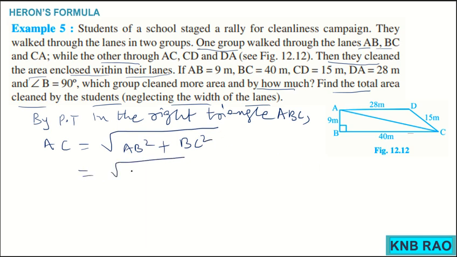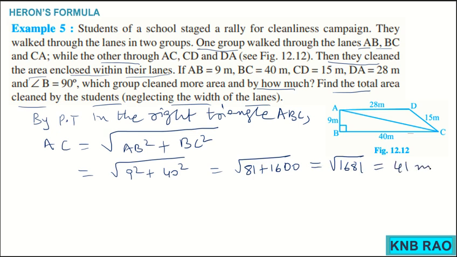Here square root of 9 square plus 40 square, it gives square root of 81 plus 1600, which is nothing but 1681, which gives you 41 meter.